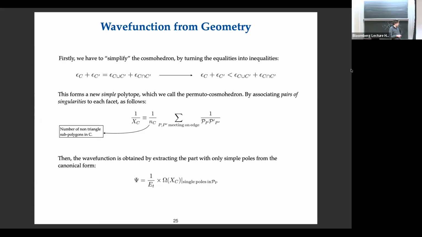Then for each facet, the singularity we associate is just a sum of products of any two sub-polygons that meet at a single edge. Then you compute the canonical form the standard way, keep just the simple poles and truncate the canonical form, and that gives you the wave function.